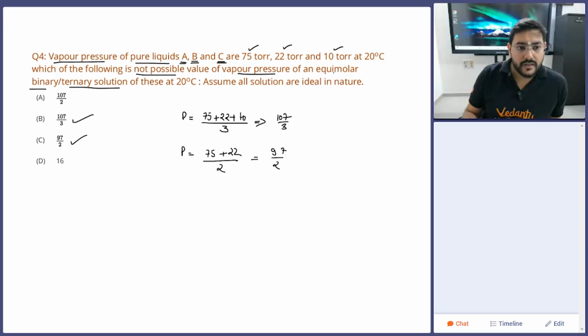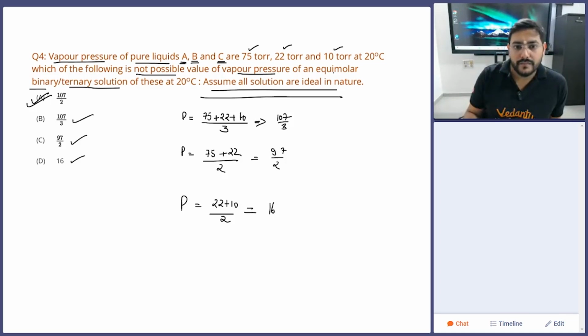So this is also there. Now P is equals to, come on everyone, 22 plus 10 divided by 2. So can we say that 32 divided by 2? That will be 16. So this is also there. Now I think you got my point. The right answer for this question is A only, which is not a possible value.